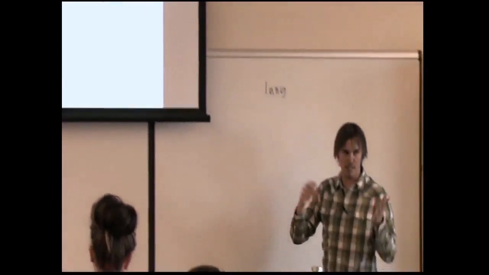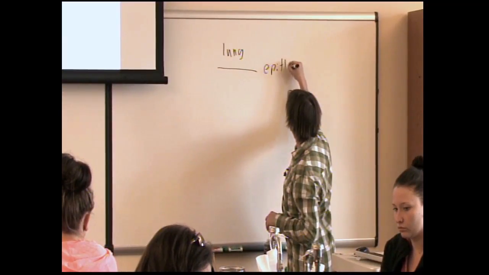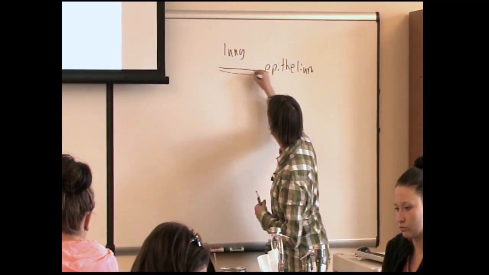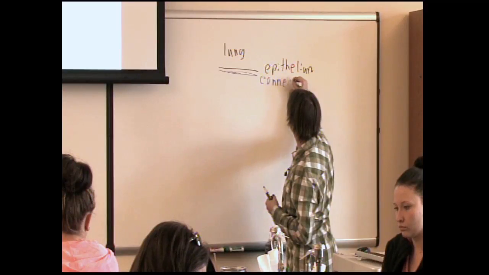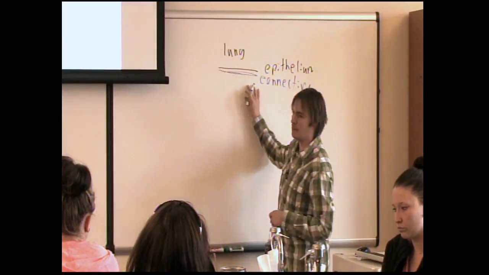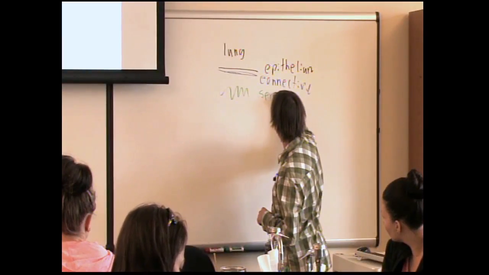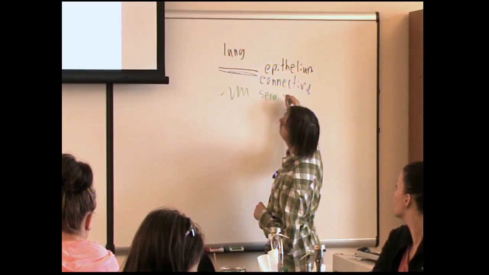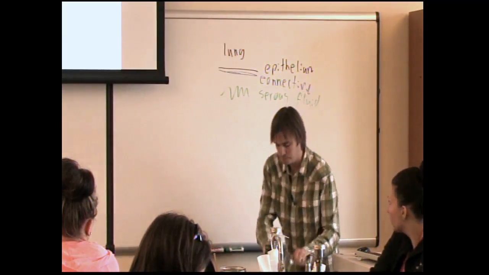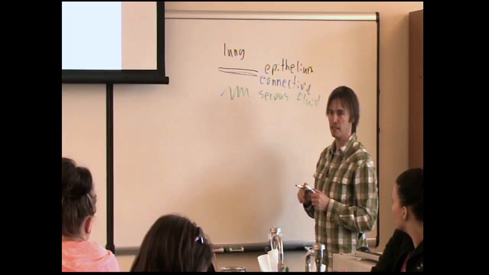So if you're talking about the pleural membrane, you'd have your lung, then you'd have epithelium. Then you'd have a layer of connective. Then you'd have, what was the name of that fluid that was between? Some serous fluid. And then do you think it's connective or epithelial next?